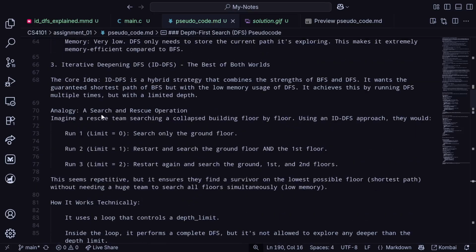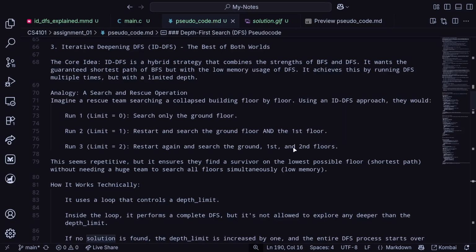Now the point is, how do you implement this? I think I have made one example of it, which is a search and rescue operation. Suppose I go into the first example that I gave you about your friend, the friend algorithm. The analogy might not hold up that well, or it might, depending on how you frame it. But this is a different framing where you have a rescue operation that needs to be conducted on a collapsed building.